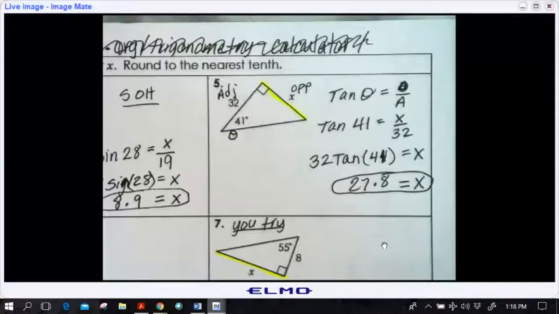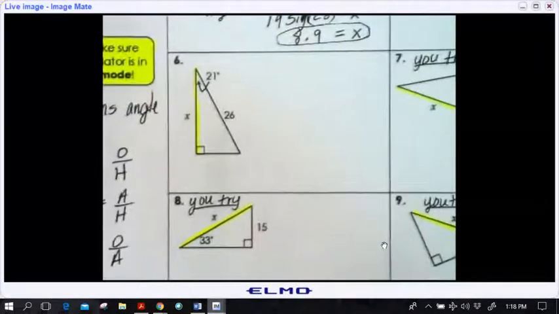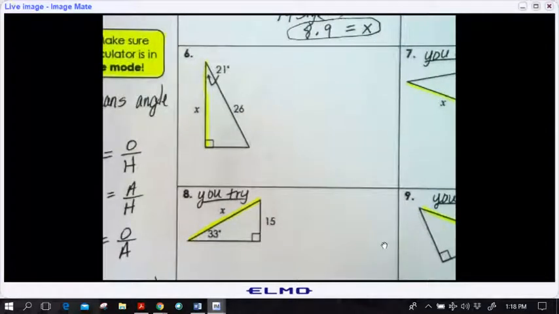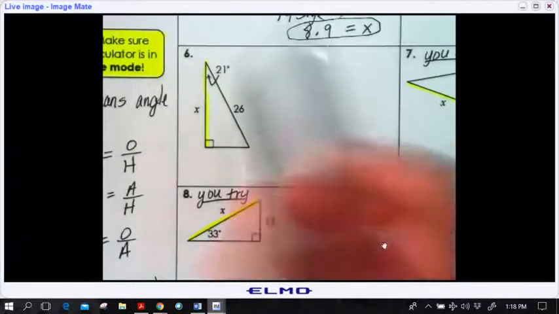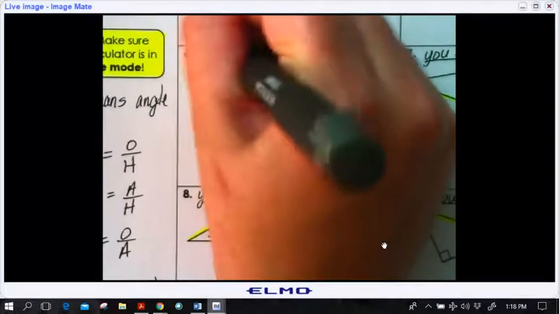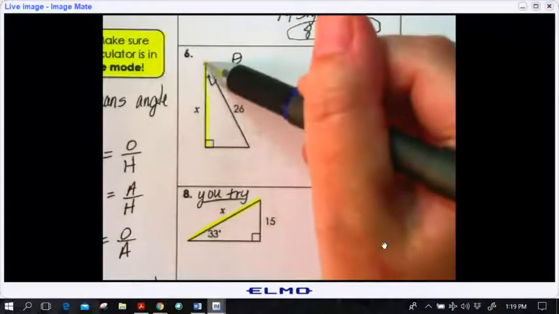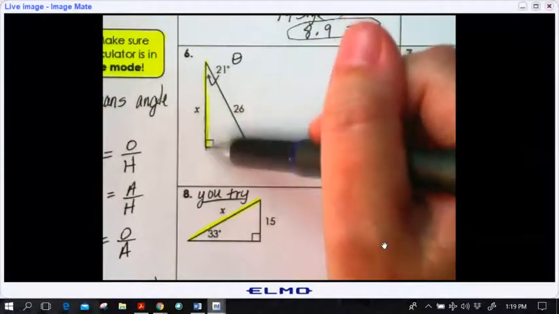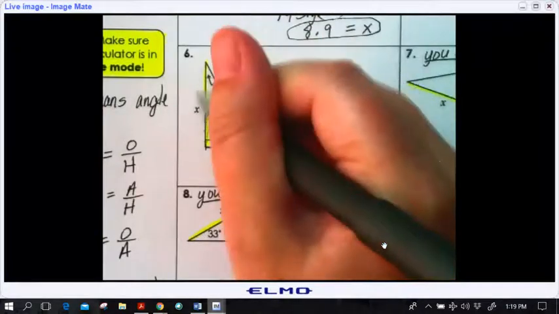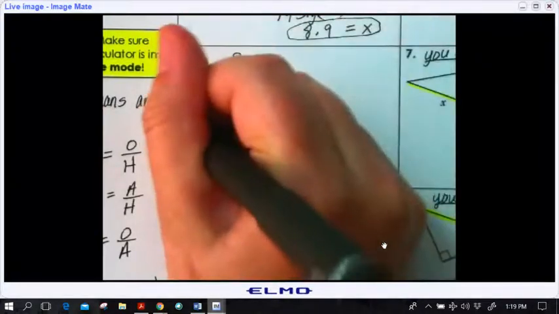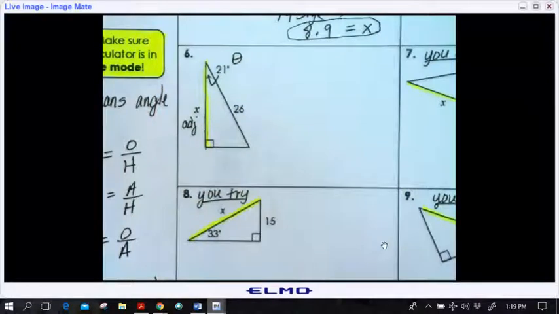Let's now do example 6. Okay, so my theta is 21. I need to determine the information that I know. Okay, so the leg next to it is x, so that is my adjacent side.